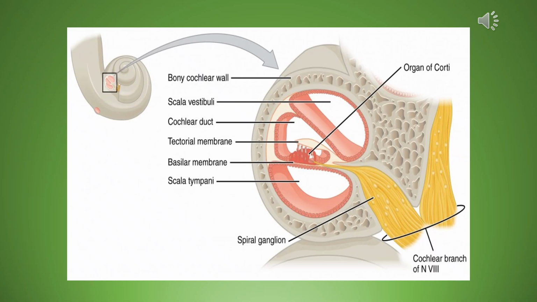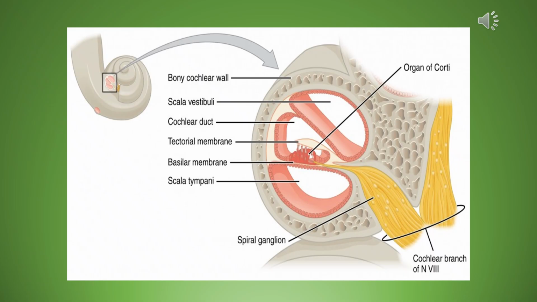The organ of Corti is positioned between the basilar membrane, which moves, and the tectorial membrane, which doesn't move. Notice that if the epithelial cells with their little cilia coming off their top move up, then the cilia are going to come into contact with the roof, the tectorial membrane.